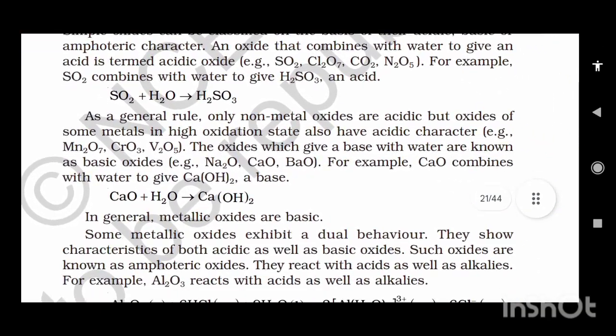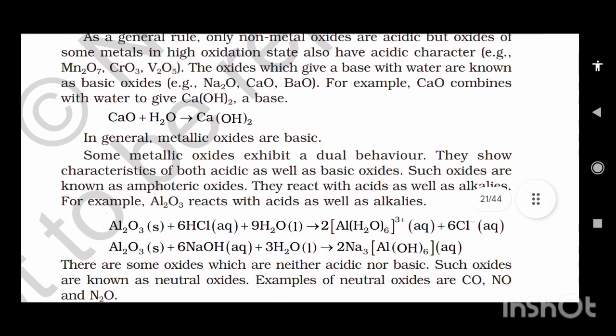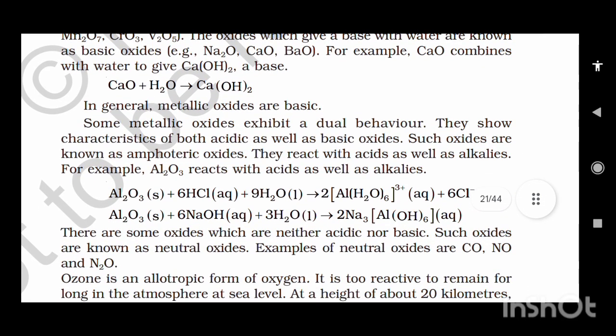As a general rule, only non-metal oxides are acidic, but oxides of some metals in high oxidation state also have acidic character. The oxides which give a base with water are known as basic oxides. For example, calcium oxide combines with water to give calcium hydroxide. In general, metallic oxides are basic. Some metallic oxides exhibit a dual behavior.